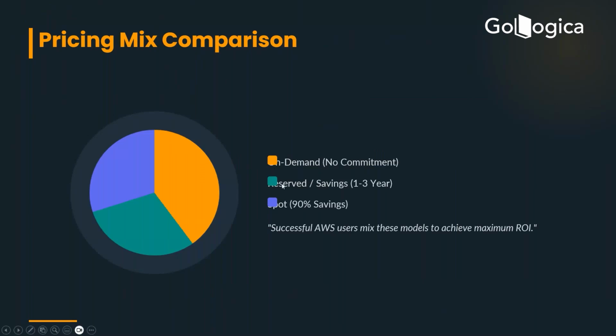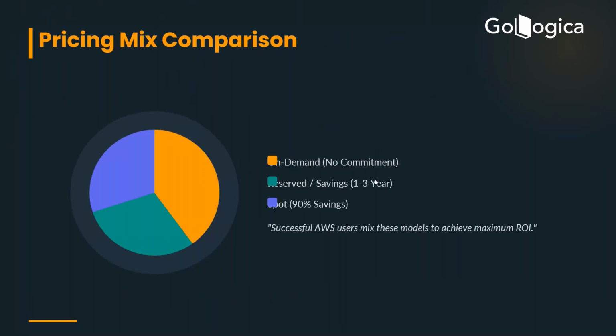Then you have reserved and savings. In reserved instances, you need to have a commitment that you will be reserving, say, an instance type for 1 year or 3 years. There is no 2 year option, only 1 year and 3 year. So you say you will be reserving, say, T3 micro, that is the instance type, for 3 years.